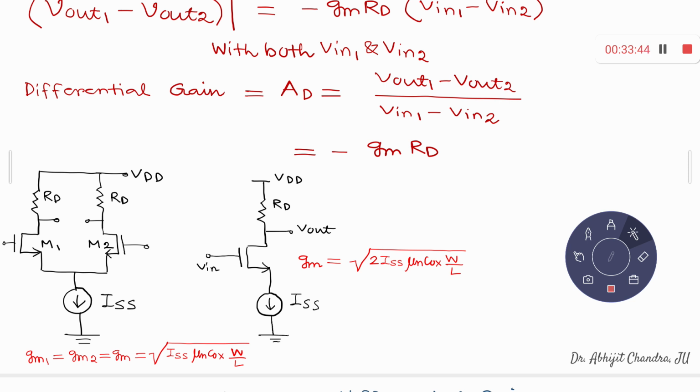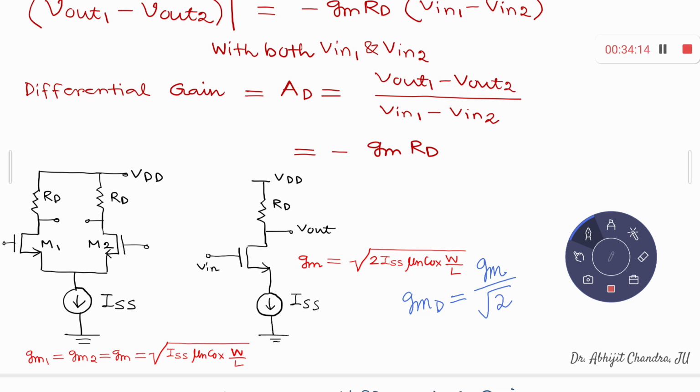Therefore the GM over here and the GM we obtain from this differential pair are not the same. In fact, the GM of the differential pair, GMD if I call it, is nothing but the GM of the single stage divided by root 2. Although it seems you are getting the same gain, it is actually not the same gain.